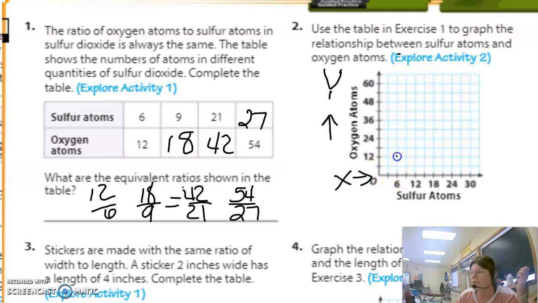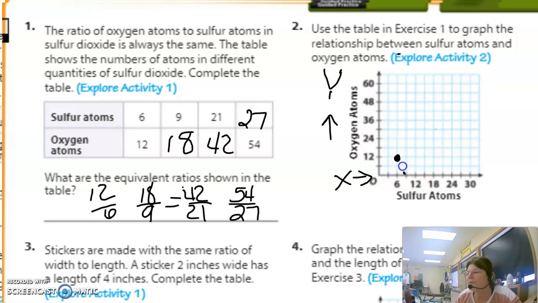So here is where I'm making my first mark, okay? And then my next one is 9 to 18. That was 6 to 12, so now I need 9, which would be probably right about here.